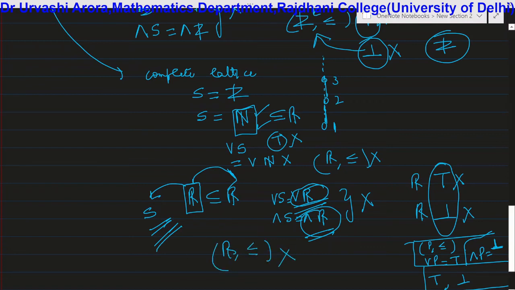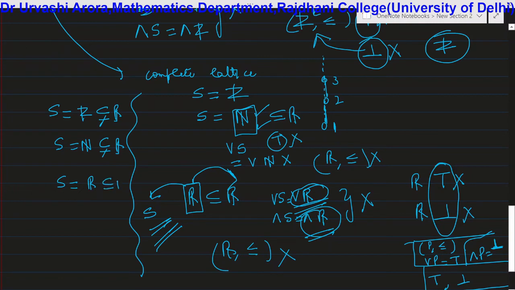So the argument can be given by taking S to be anything. S can be taken as Z, which is a proper subset of the set of real numbers, or S can be taken as N, which is again a proper subset of the set of real numbers, or S can be taken as R itself, which is a subset of itself.